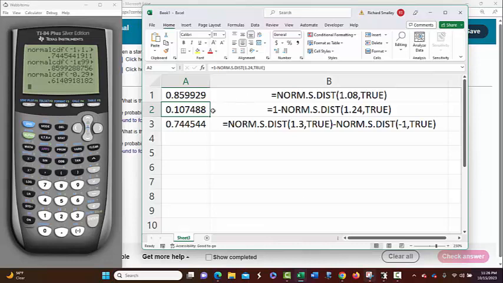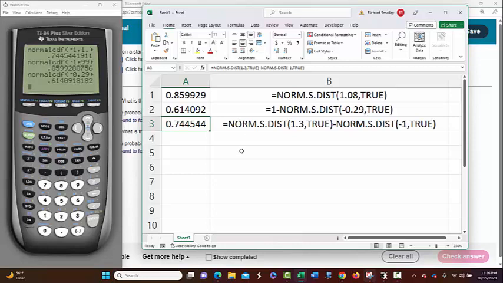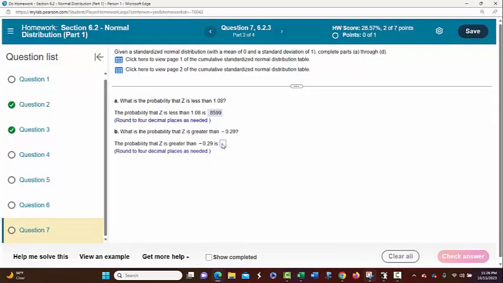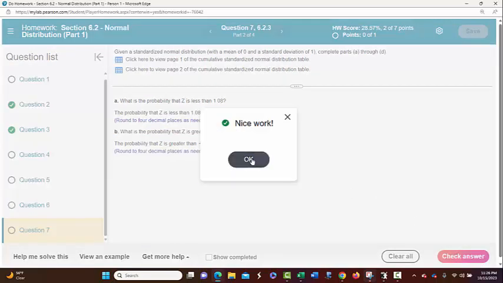And we can use the middle one. Uh, 0.6141. Beautiful.